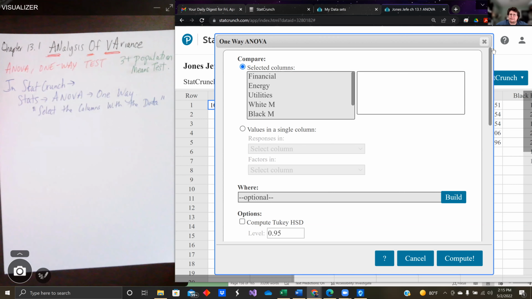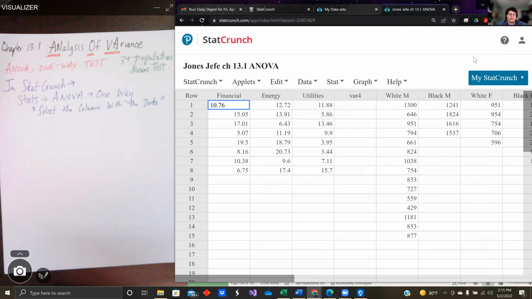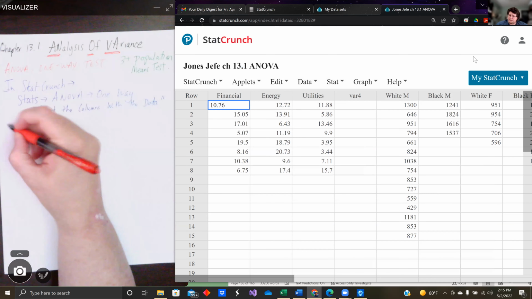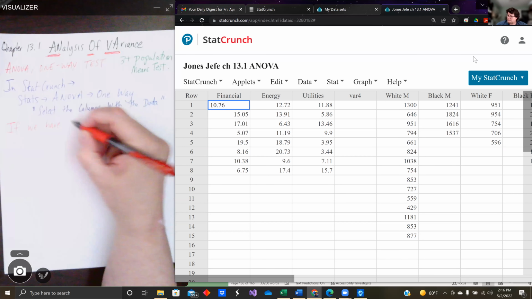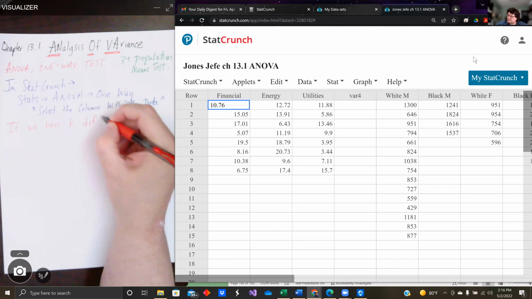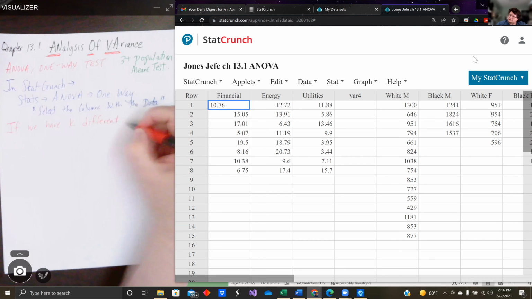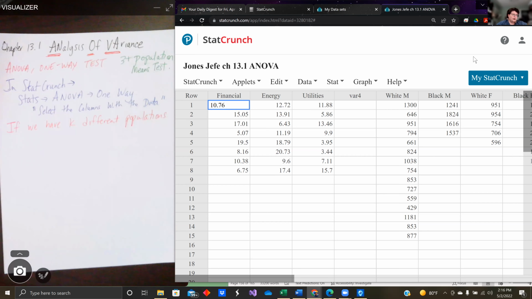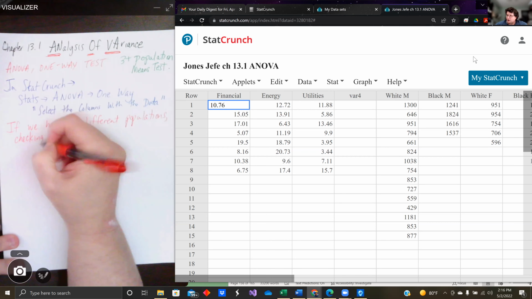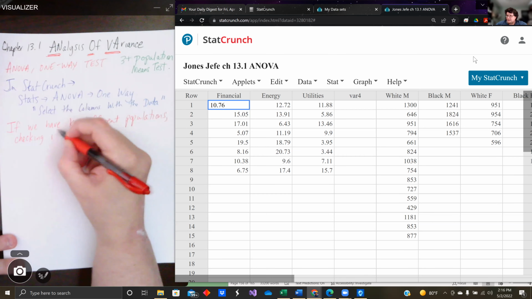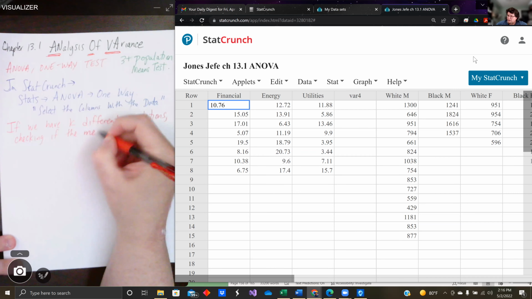Let's just talk about what the test does. If we have K different populations, what we are doing is checking for equality in the means for all of them. Checking if the means are equal across all of them.